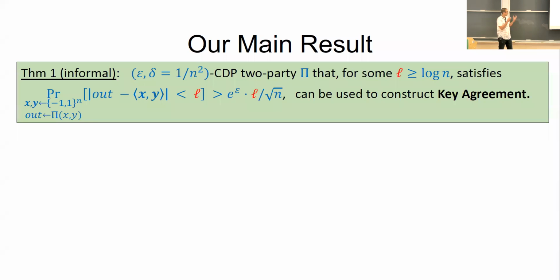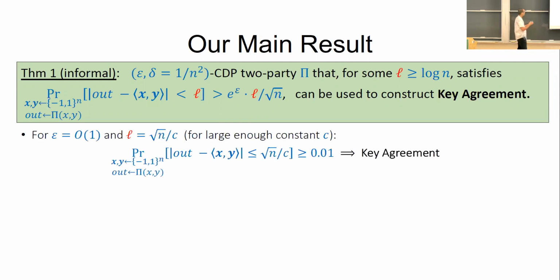It may be a little hard to parse, so let's think about concrete values. Let's think of epsilon as a constant, and L as something like square root of n over a million. What we get is that if we have a protocol that on uniformly random x and y has error square root of n over c, even with only 0.01 confidence, such a protocol implies a key agreement.